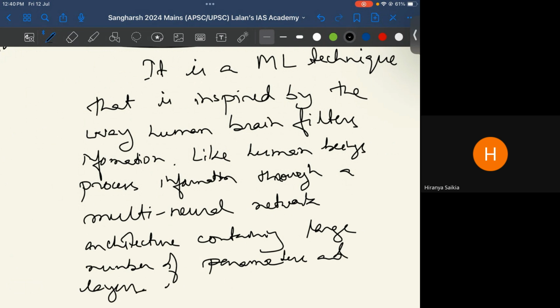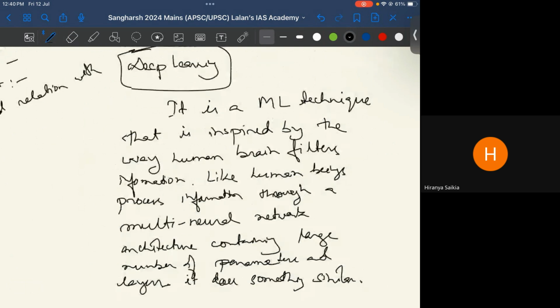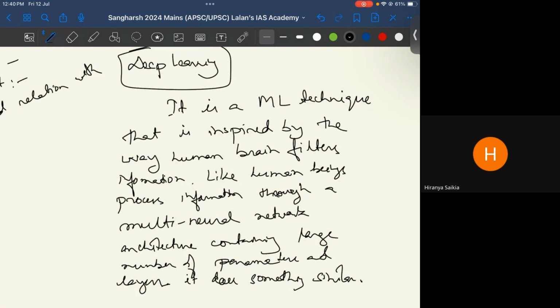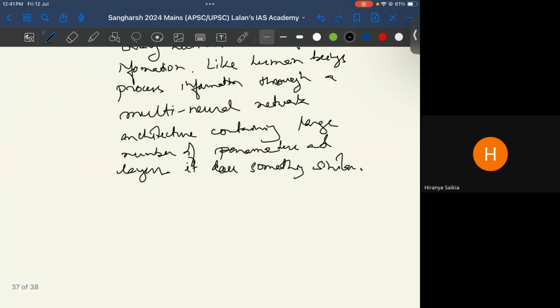It does something similar. Although it sounds like something pretty deep, it is basically normal activities that our brain does, and we do not even realize.